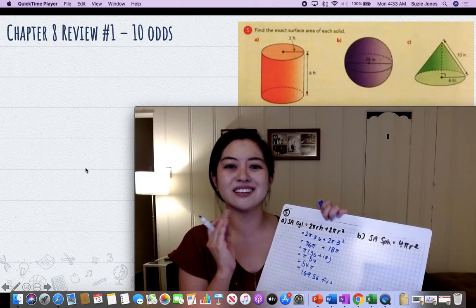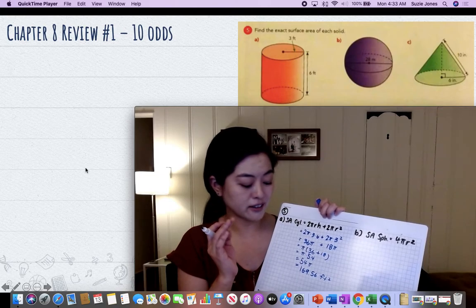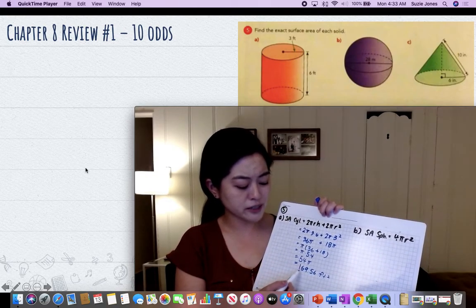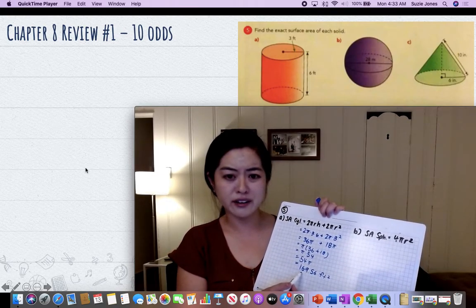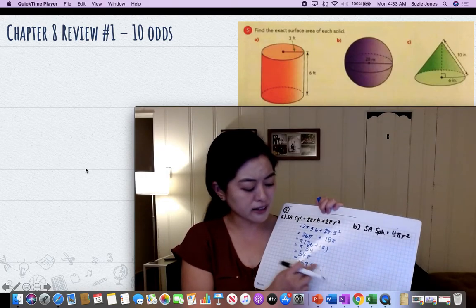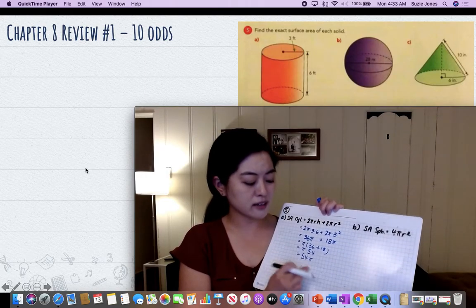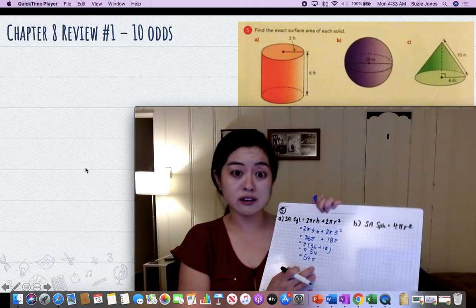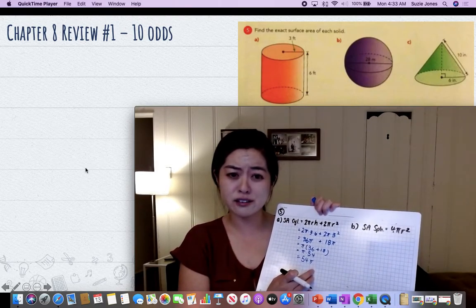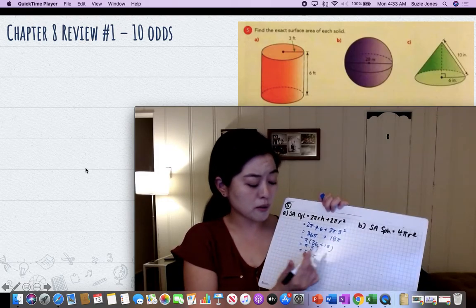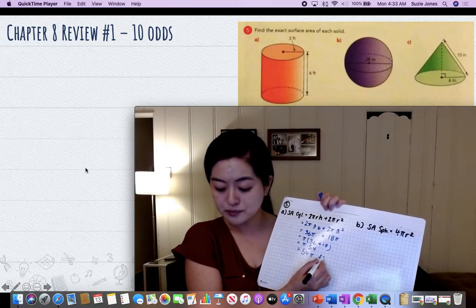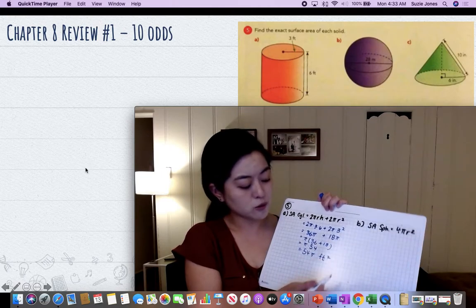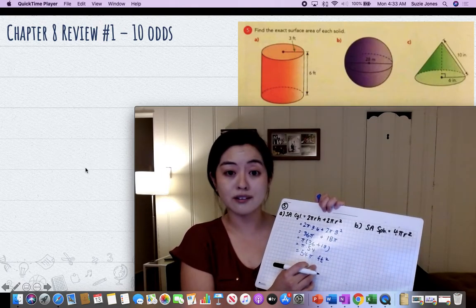It says to find the exact surface area. We used an approximation for pi here, so this is actually not exact. To make it exact, we have to leave it with pi, because pi is not an approximation. So 54 pi square feet for this one.